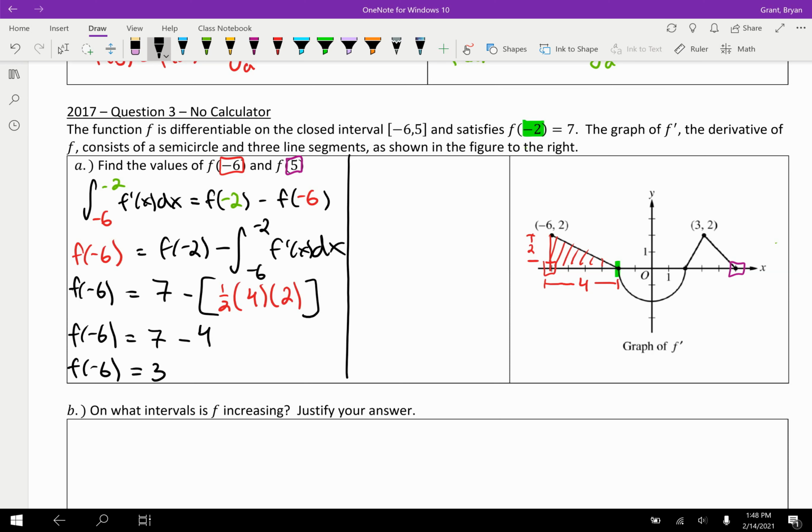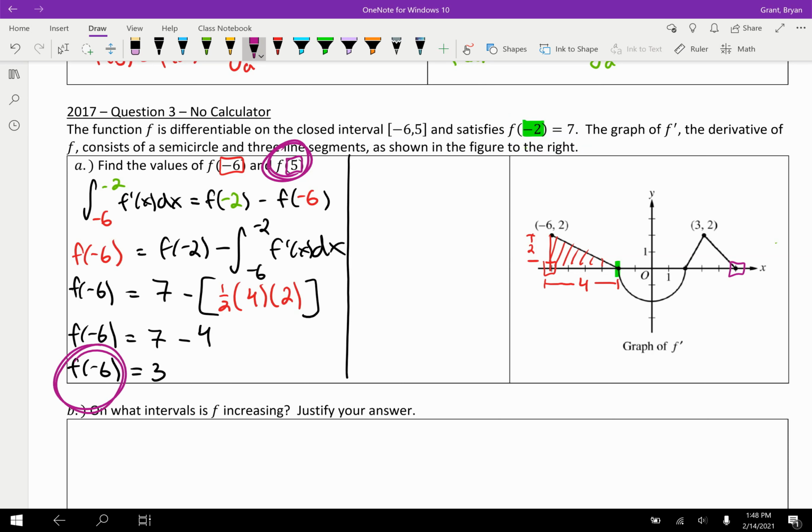Now, you should probably have a good idea of how to do this at this point, so if you want to pause me and work through it a little quicker, never a bad thing. But if you didn't pause me, let's see what we can do here. So we're going to work with this guy and the given one. Now, you might say, well, wait, don't we know a new value? Couldn't I go from f of 5 and use f of -6?